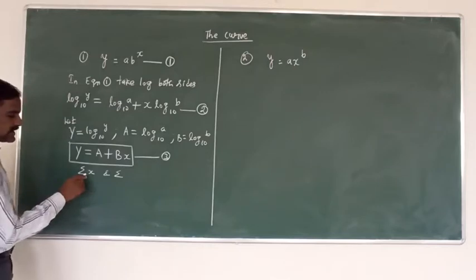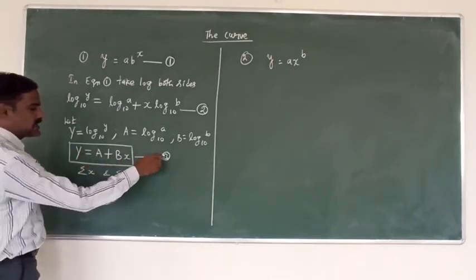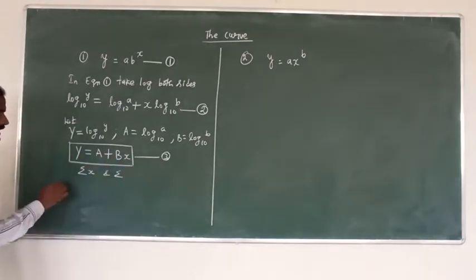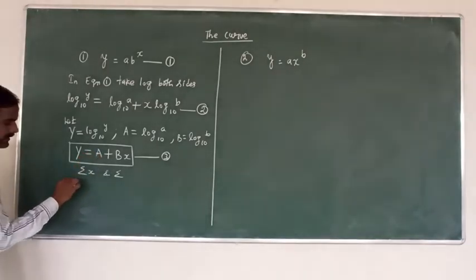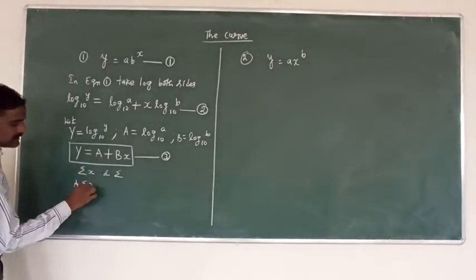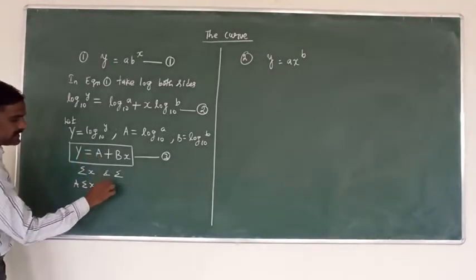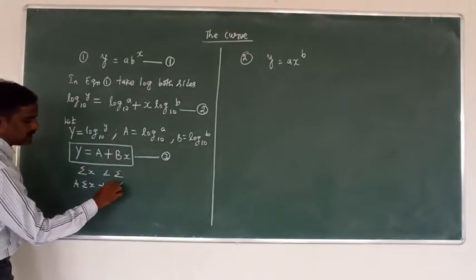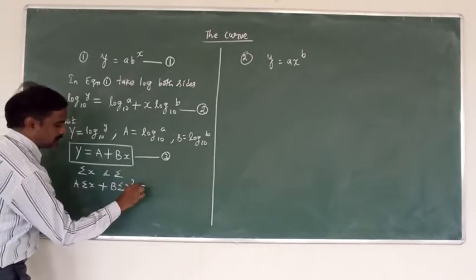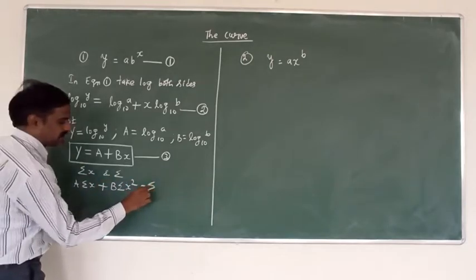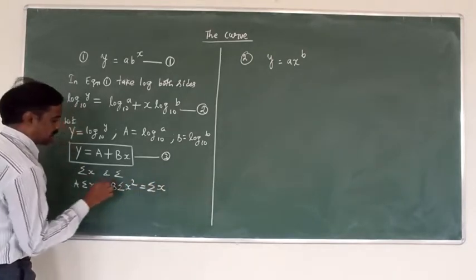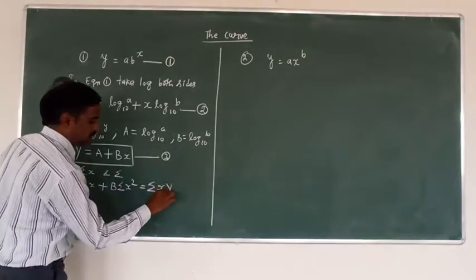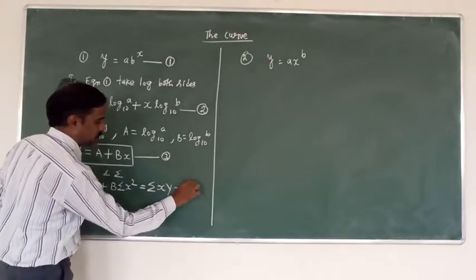First we have to add sigma x both sides in equation 3. A sigma x plus B sigma x square equal to sigma x, and this is for capital Y. This is for equation number 4.